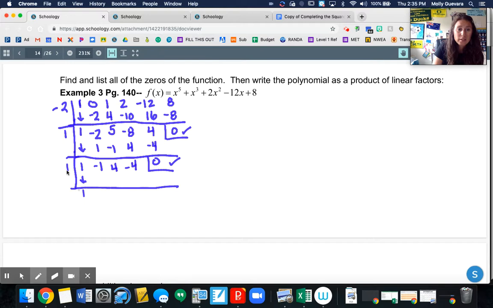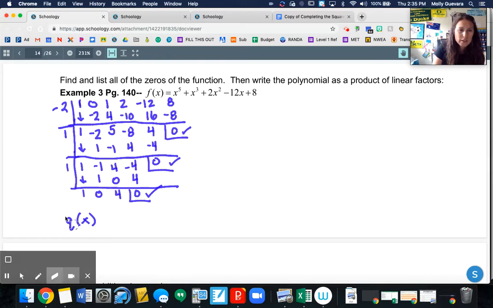So my 1 comes down, and I multiply and add, multiply and add, multiply and add. And again, I should get a remainder of 0 because I know that 1 is a factor. Okay, and then so now I just have to look at what I am left with.